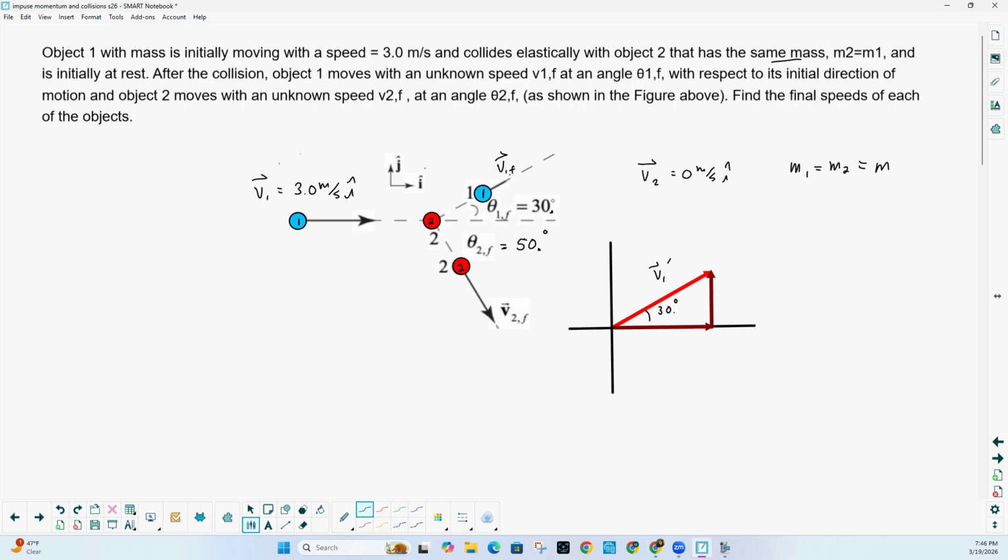So for after the collision, instead of using F for final, I'm going to use a prime to indicate after the collision. Okay, so that's going to be my final velocity after the collision for object 1. This is going to be the Y component, V1Y prime, and this is going to be V1X prime.